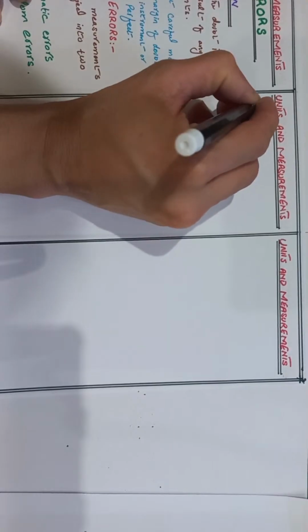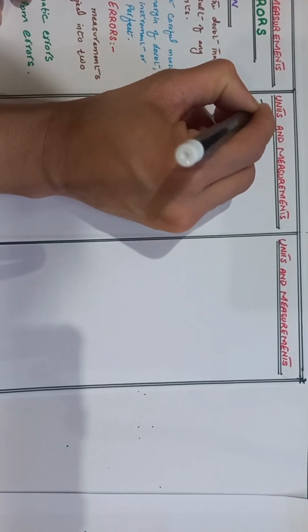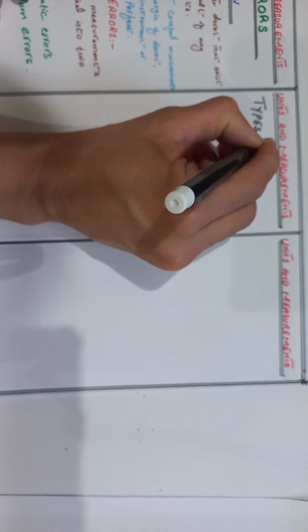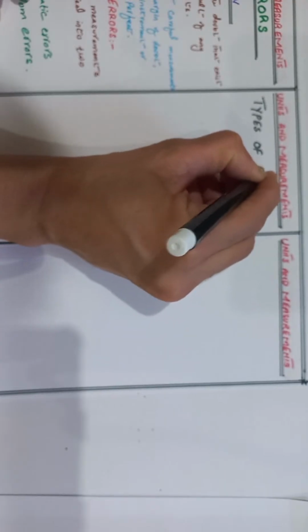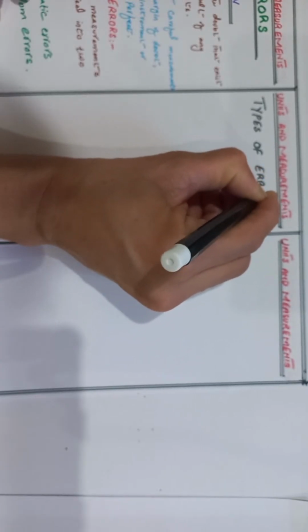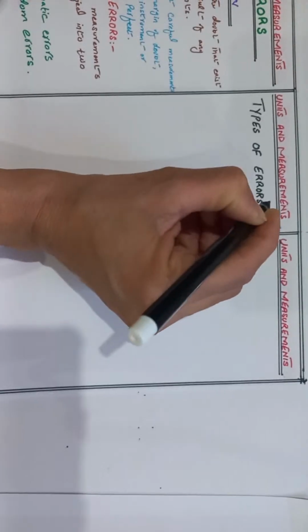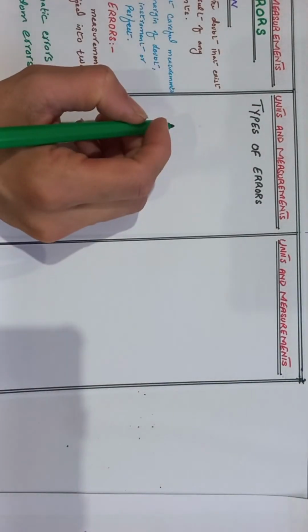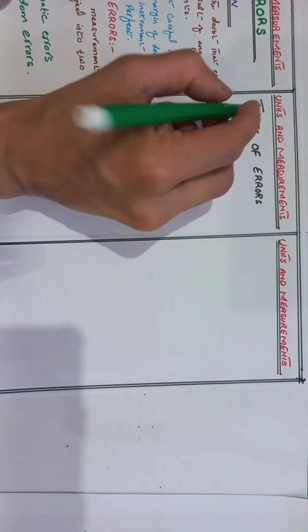Types of errors. In types of error, first we discuss the systematic error.